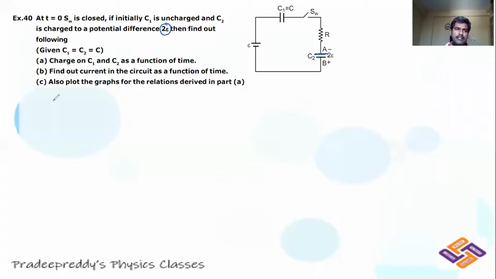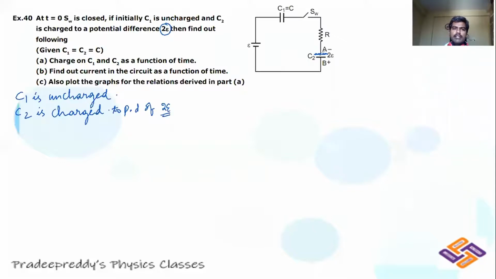C1 is uncharged and C2 is charged, and at time t equal to 0 the switch is being closed, and C2 is charged to a potential difference of 2E.